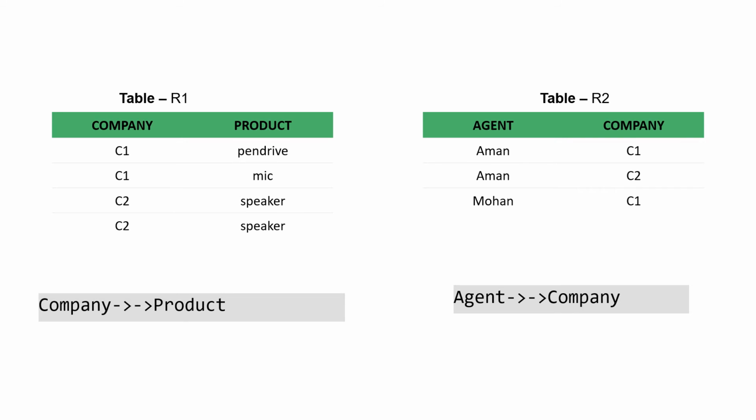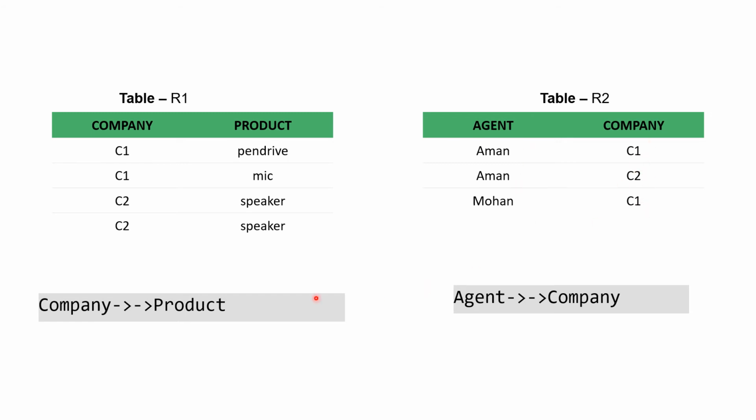Here we have two tables, R1 and R2. This is another example that we are taking. The first table R1 has company, C1 and C2, and product, three types of products spread over four rows. Then agent: Aman, Mohan, and company C1, C2, C1.